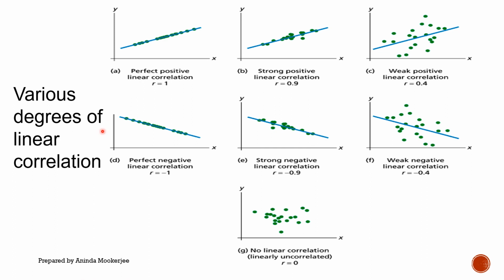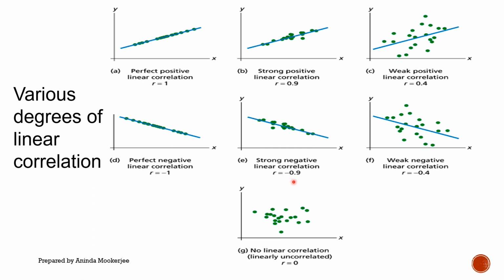Here are some graphical representations of a perfect negative linear correlation. In this case, R equals negative 1. Whenever we have a dropping line, a falling line, R has to be negative. E is a case of strong negative linear correlation.